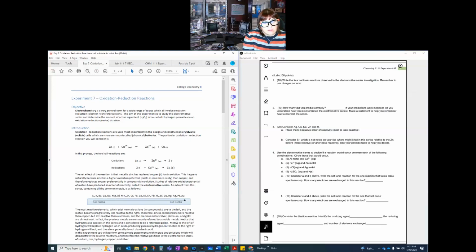Fe3+ and Zn metal. Again, Zn is to the left of the Fe. So expect it to be able to react with the ion. H2SO4 is going to be the H2. So the H+ is what we're looking at, the ion of the H2. And H2SO4 and K. So can K react with that H+?